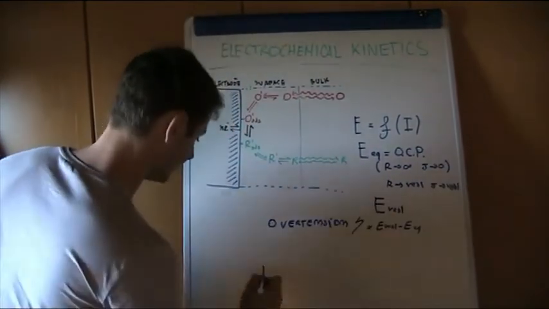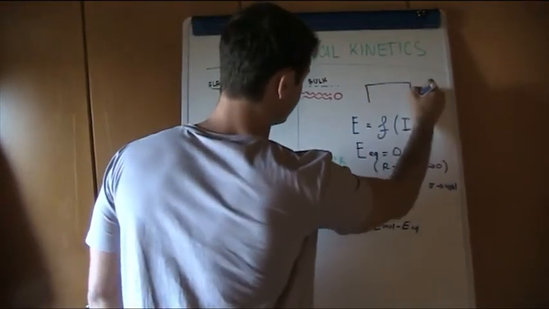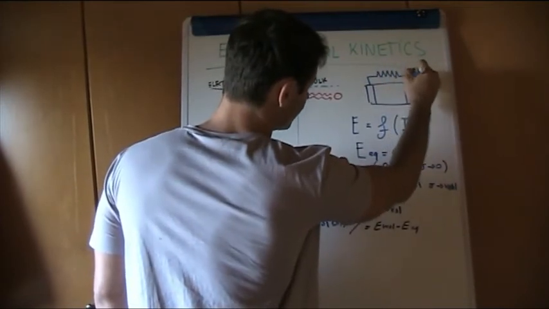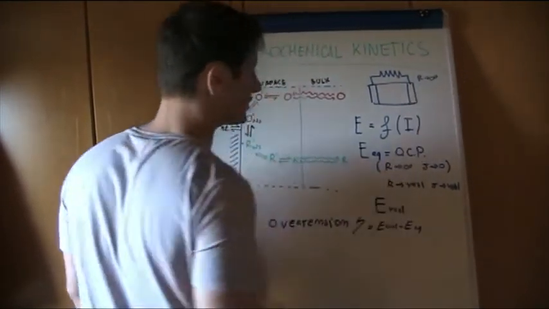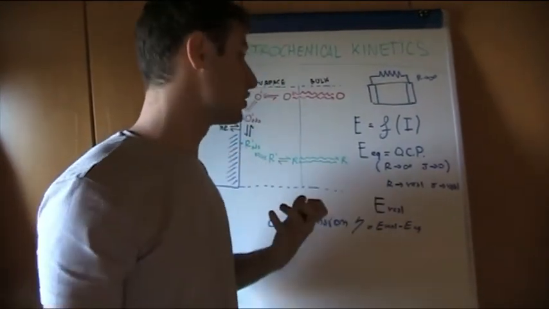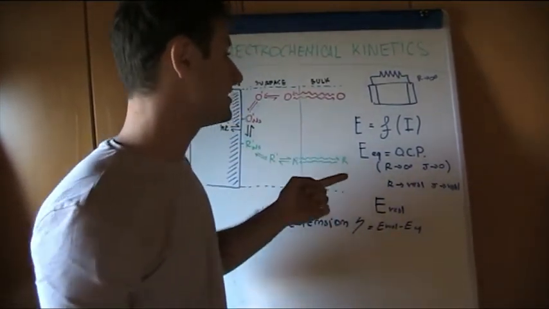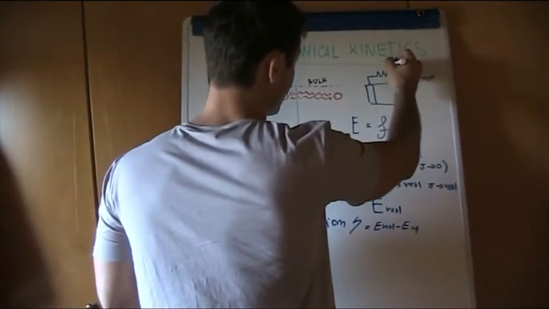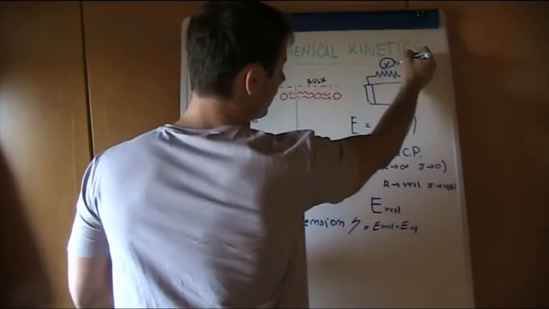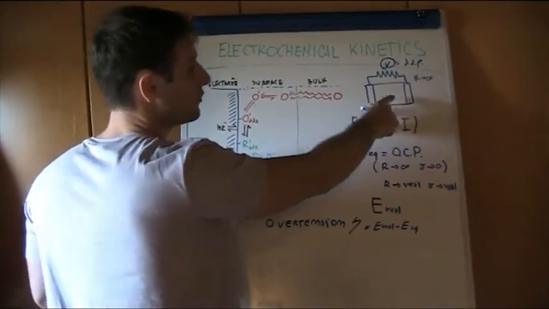So if we have a battery composed of two electrodes, and we have an infinite resistance, since we know that the entropic contribution is the smallest, the voltage generated is maximum. It's basically the difference between the equilibrium potentials of this electrode with respect to the other one.